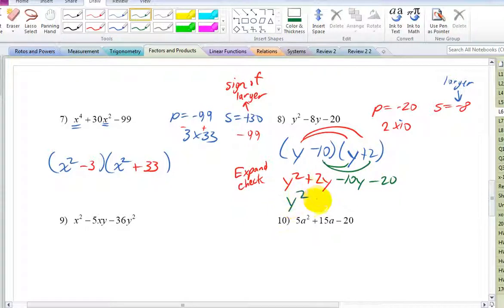And you would combine them to give you -8y minus 20. And they're going to get you to do that in your textbook, right? They want to see that you can expand it and do a check. You should be doing these in your sleep, right? Without even blinking. Once by the end of the unit, you should be an expert on these.